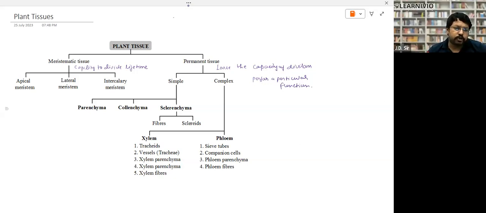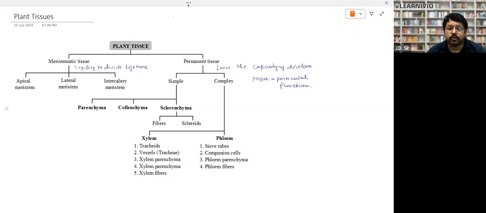So meristematic tissue may be of three types on the basis of their location or position. Apical meristematic tissue is found at the apex of the plant where new organs are being developed, like new leaves and new parts. So they are apical meristematic.